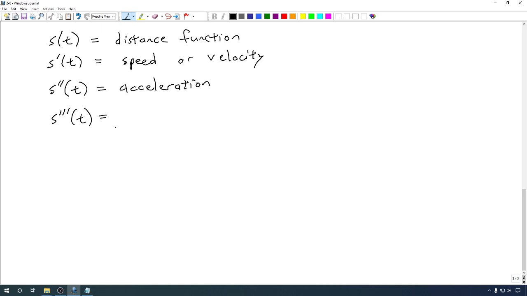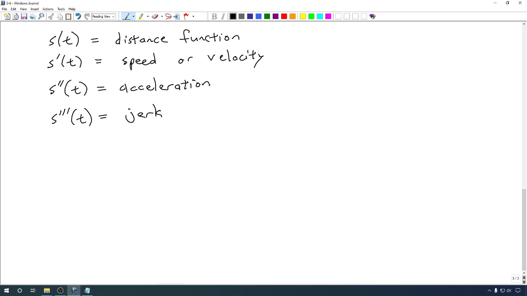In fact, the third derivative can be pretty relevant in this particular context. When it comes to the distance function, velocity, and acceleration, the third derivative measures how quickly the acceleration changes. If the acceleration changes too rapidly if you're in a vehicle, it can be rather jarring. And so sometimes in certain cases, like if you're designing stuff like a road or an elevator, you might have to take this into account because you don't want your passengers to deal with what we call a jerk.